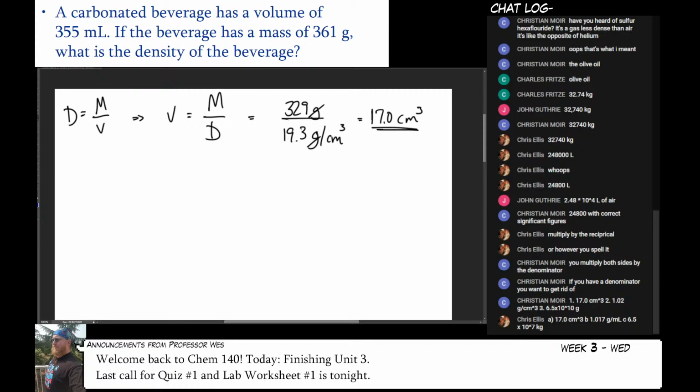All right. What's the density of this beverage? Oh, speaking of beverages, so. Okay, well, we know its mass. We know its volume. So this beverage is very obviously mostly water, because water has a density of about 1.